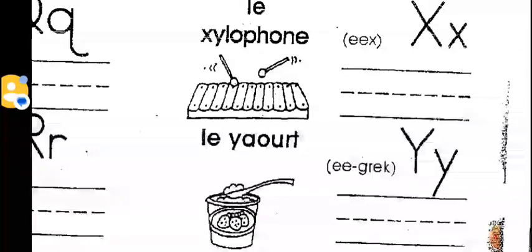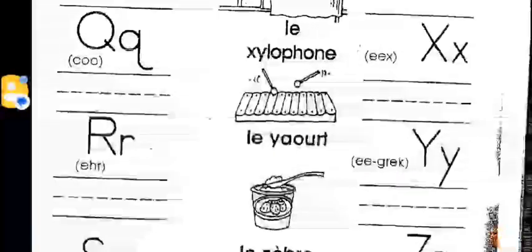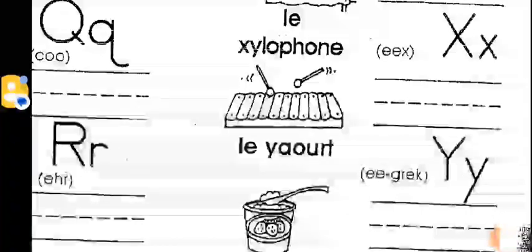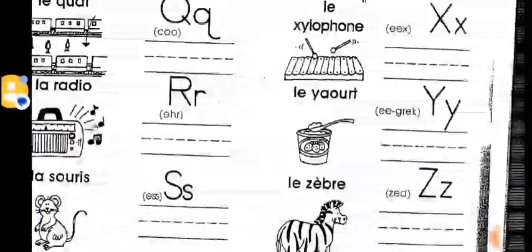L-E for le, Y-A for ya, and O-U-R-T. Le yaourt. So remember, the R and the T are silent in the word. And that is for la lettre Y.